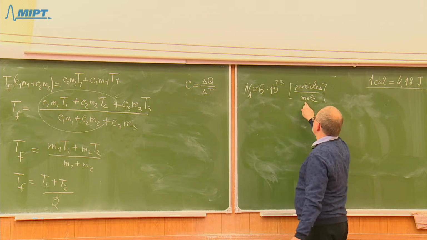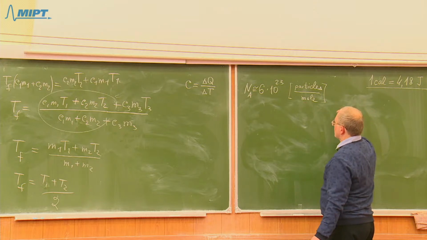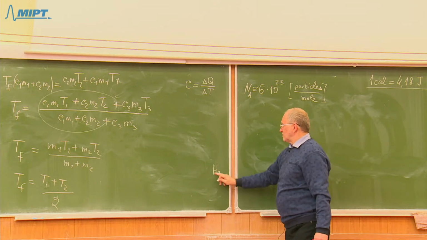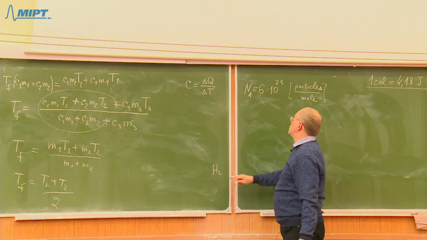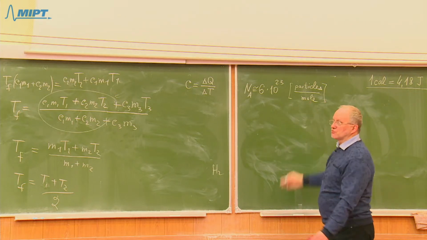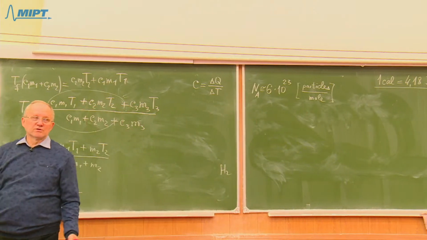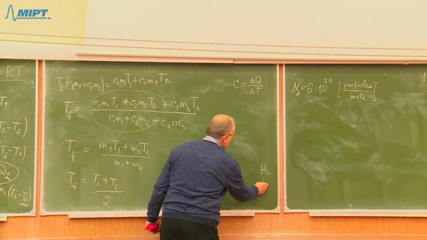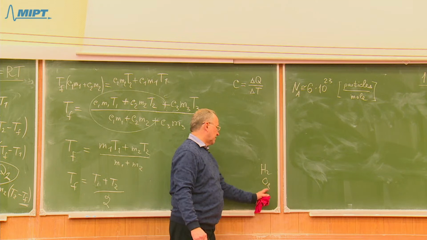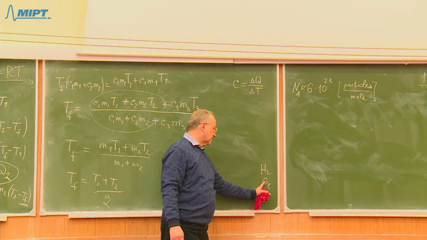If you take 1 mole of hydrogen, a gas hydrogen has formula H2, then the atomic weight of the molecule is 2, and so the mole of hydrogen will be 2 grams of hydrogen. If you take gas oxygen, O2, then the atomic weight of this molecule will be 32, because atomic weight of 1 atom of oxygen is 16.